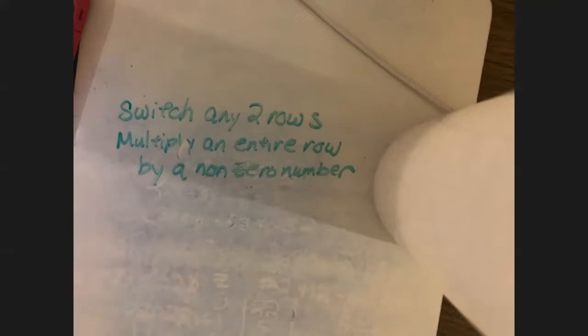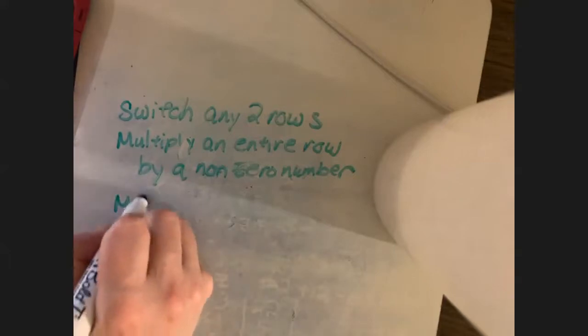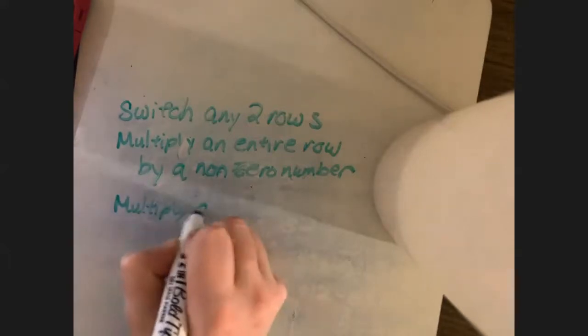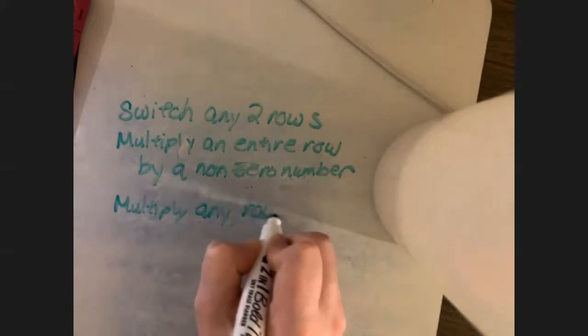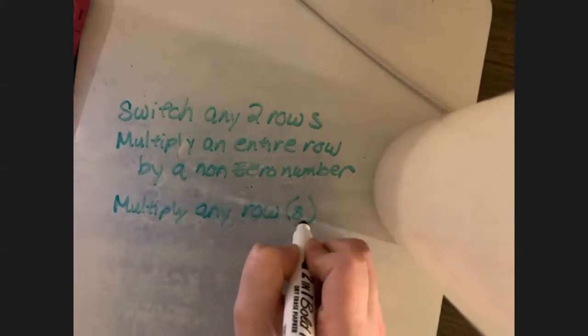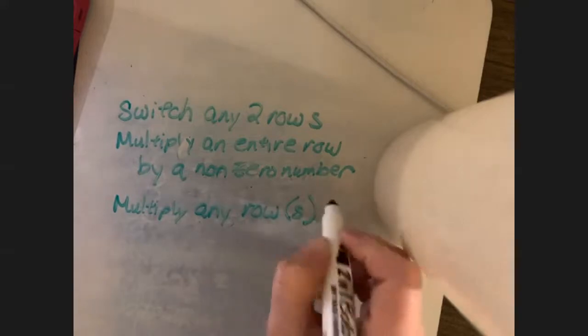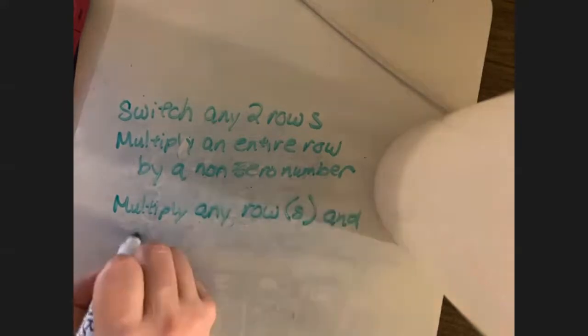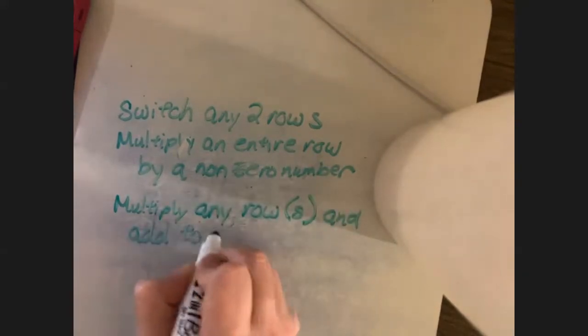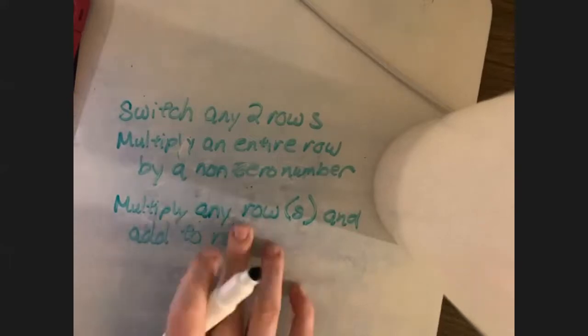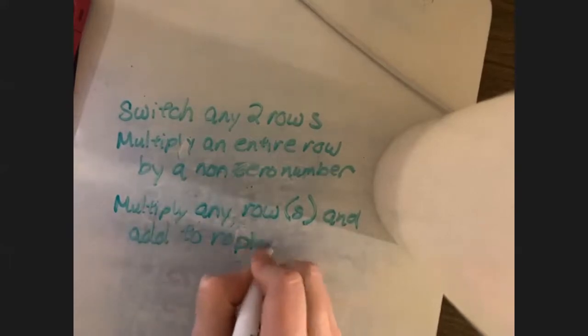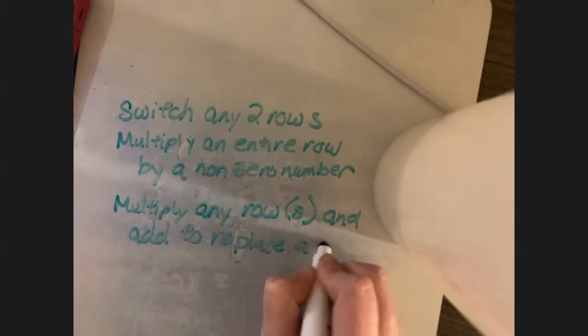Okay, same idea. Now, the third thing you can do, and this is very, very similar to that elimination idea that we did back in section 5.1, you can multiply any row or rows, so if you need to do more than one row to do this, you can, and add to replace a row.